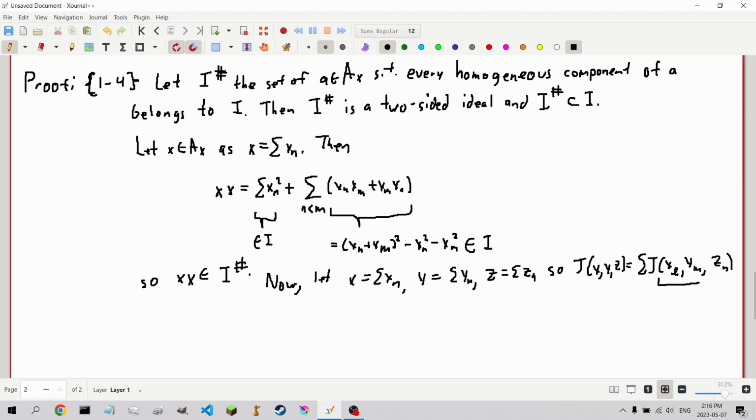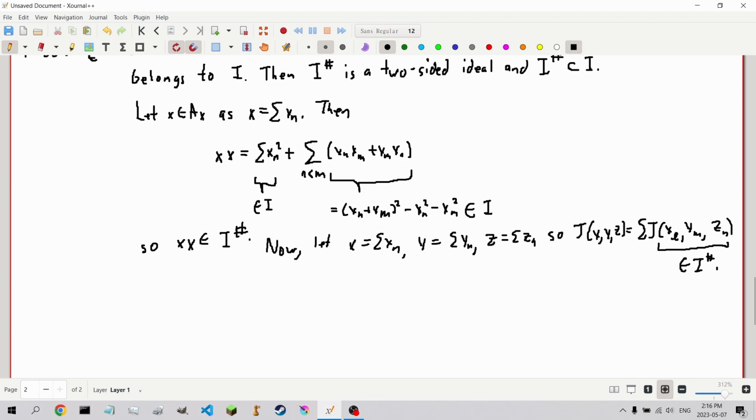And this is of course going to be inside I sharp, so this whole thing is. Thus, I sharp is equal to I.